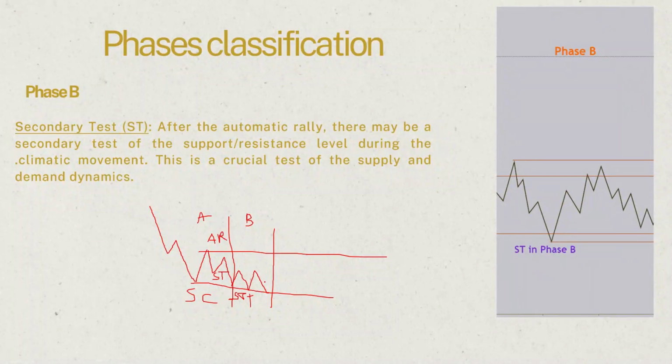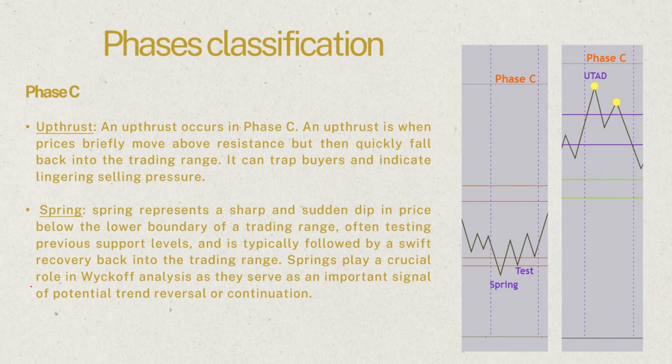In phase C, that is when you have the trap. In phase C, you could either have upthrust or spring, and you could have both in a trading range. An upthrust occurs in phase C. An upthrust is when price briefly moves above resistance, but then quickly falls back into the trading range.